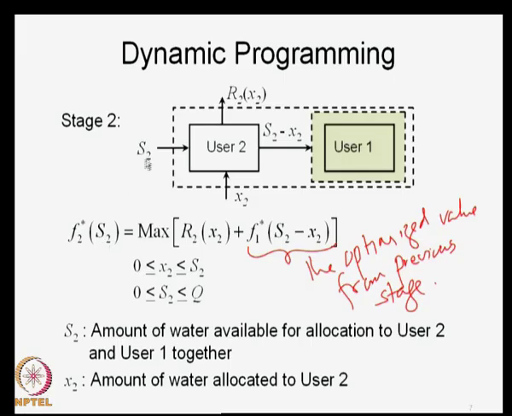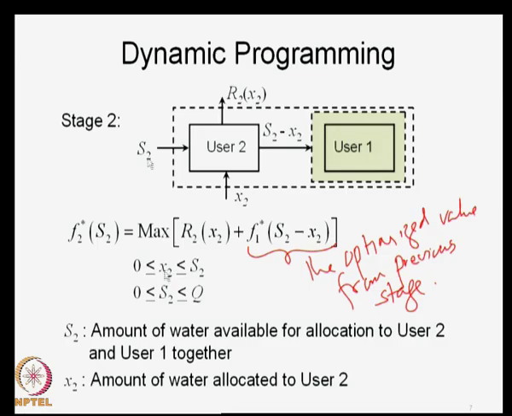Given the state S2 at this particular stage, we are proceeding in an optimal manner until all the stages are included. So, we are getting the maximum value here, plus, as a result of this allocation, whatever state that we end up in becomes an input state, for which we have already solved, and that is the optimized objective function value that we use.